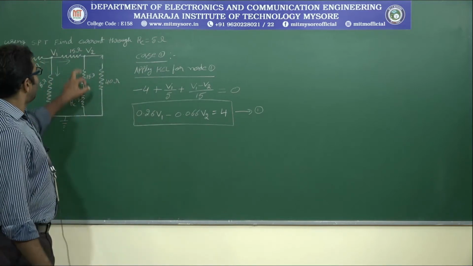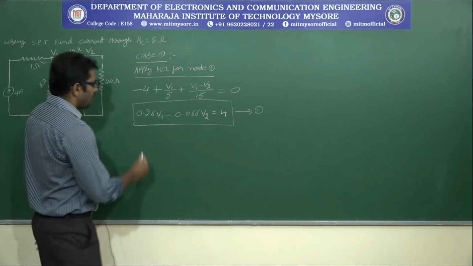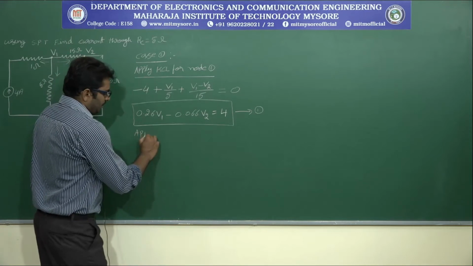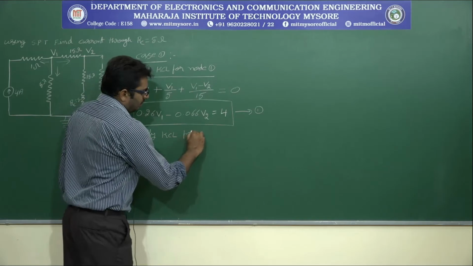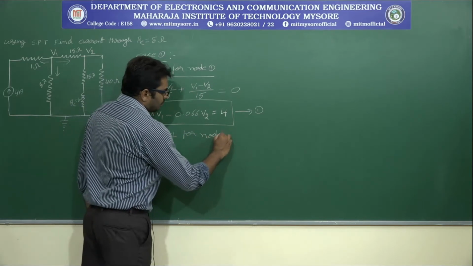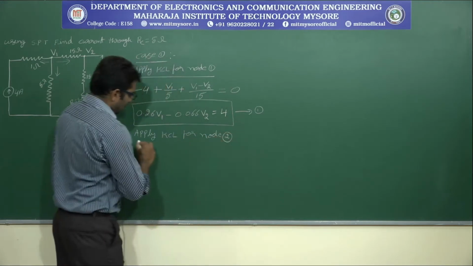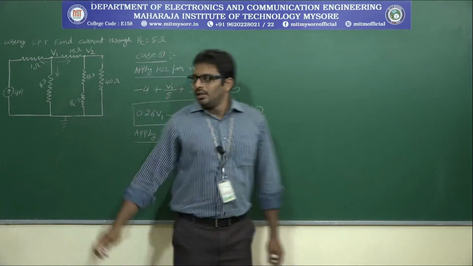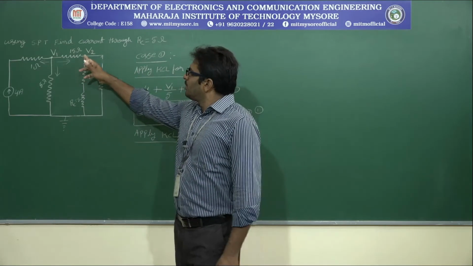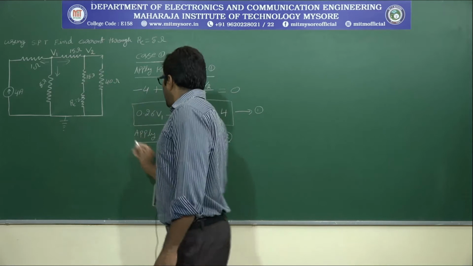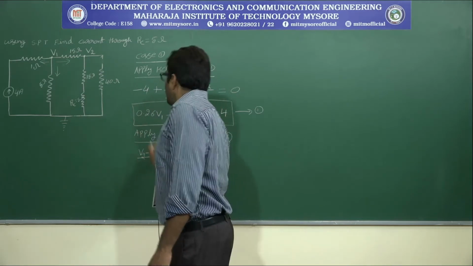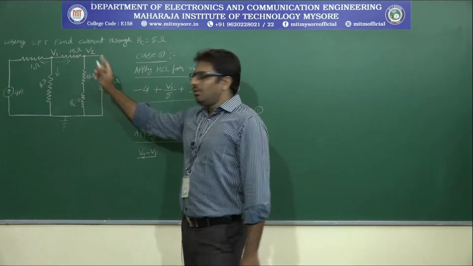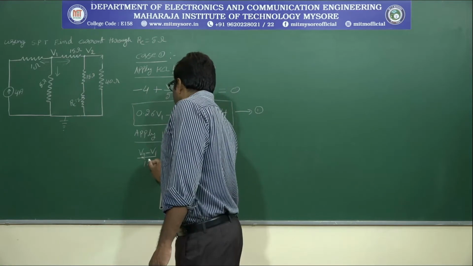Okay. Similarly, apply KCL for node 2. Just see the circuit. This is node number 2. What is the current in this branch? V2 minus V1 divided by the resistance value 15. Okay.